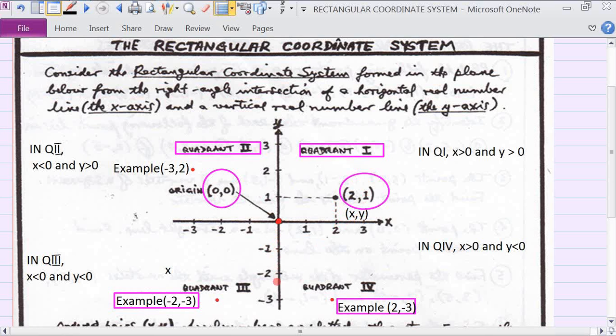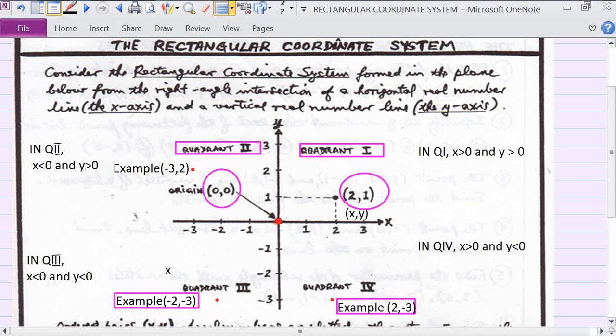Negative values of y are down here, positive values of y are here. Positive values of x are here, negative values of x are here. We always put the x first and the y second. So again, this is the point (2, 1), because x is 2, and then we move up 1 for the y-axis.